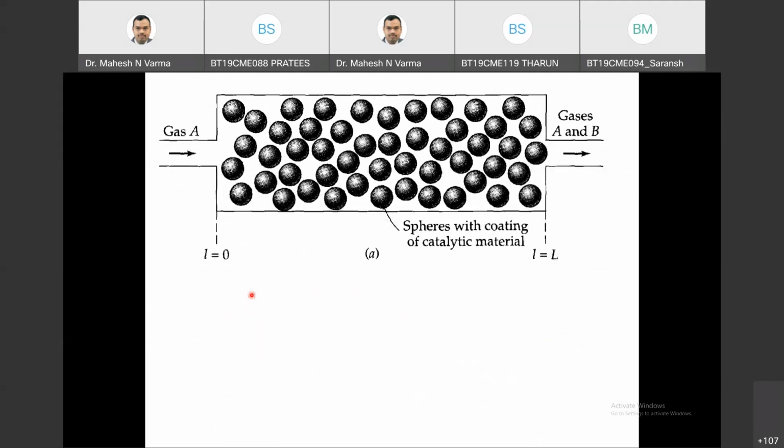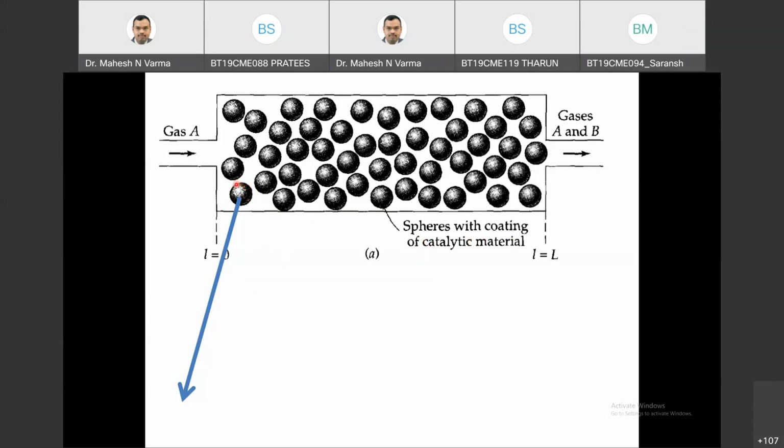This is our reactor, and say this is a sphere with a coating of catalyst material, so some inert material is there. The catalytic particle is coated. This is my particle, and I am interested in this only in stage 1.